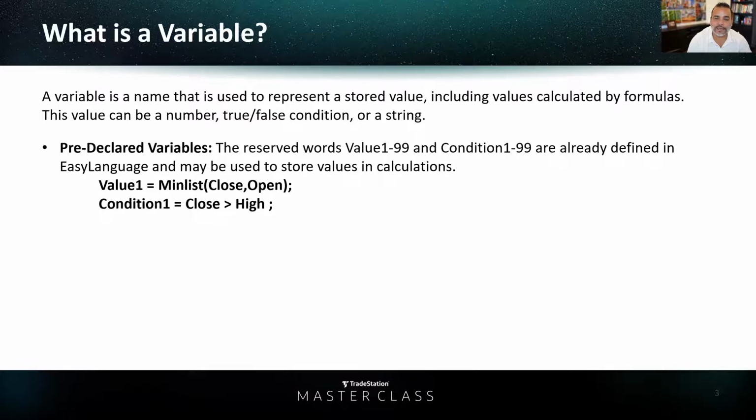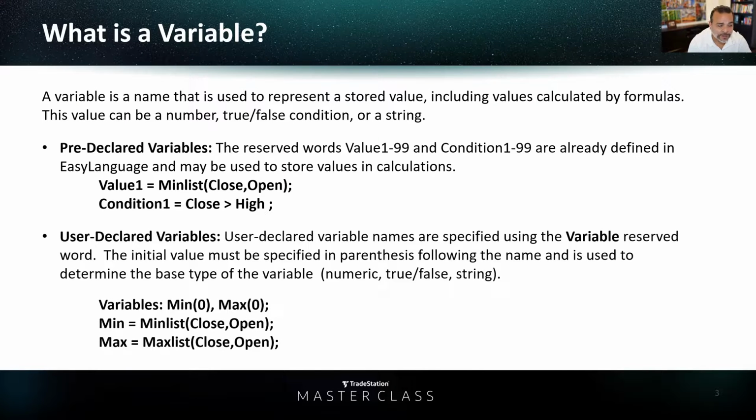And as I said at the very beginning, when you write code, it is recommended that you declare your own variables. They're going to be more descriptive. These are going to be words that you understand better than just a standard value one and condition one. So the user declared variables, these are the ones that require a declaration statement.